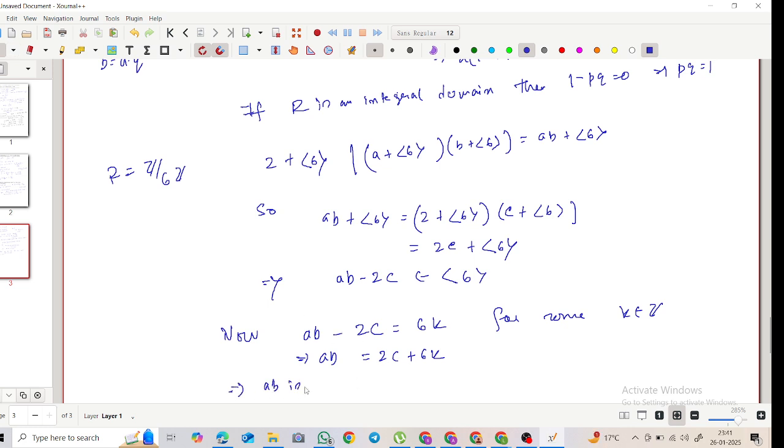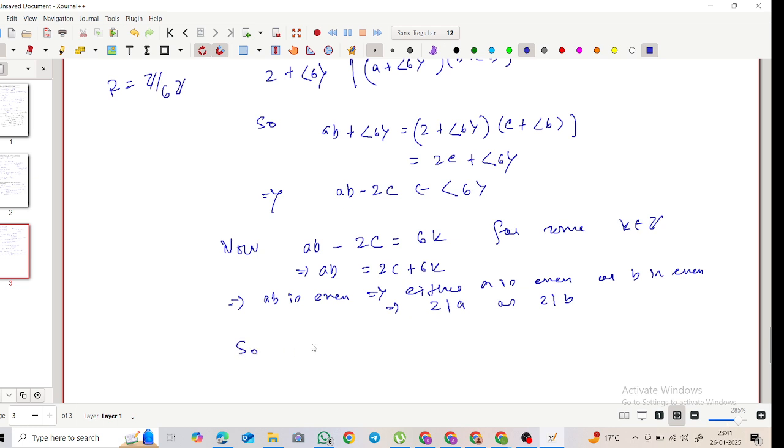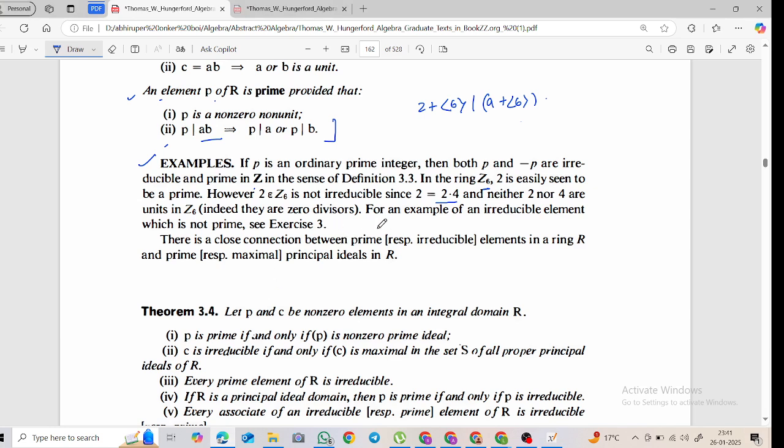So AB is even, which implies either A is even or B is even, which means either 2 divides A or 2 divides B. So 2 plus 6Z divides A plus 6Z or 2 plus 6Z divides B plus 6Z. So this element is a prime in this ring, but as you can see, it is not irreducible.